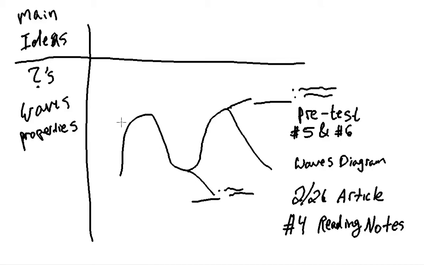One of them is going to be the distance from the peak to the peak. You could do from the trough to the trough, but we're going to have to add some more of this wave to do that. So from here to here, you're going to need to draw this or measure this distance. You're going to need to tell me what this distance measures.